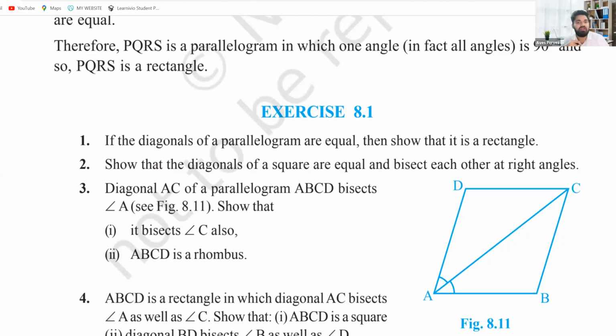So we cannot write it. So we will prove another thing: that one of its angles is 90 degrees. If any parallelogram has a 90-degree angle, then we will say that it is a rectangle. Okay. So let's talk about this one.